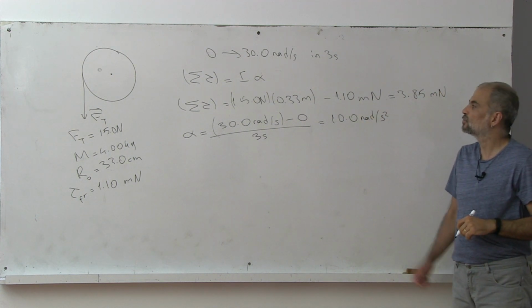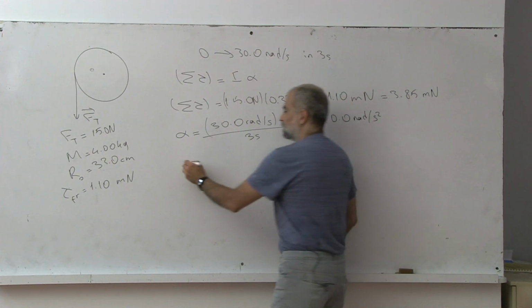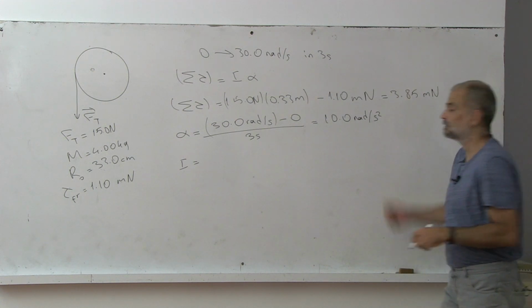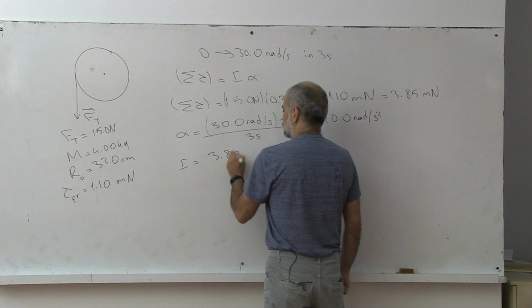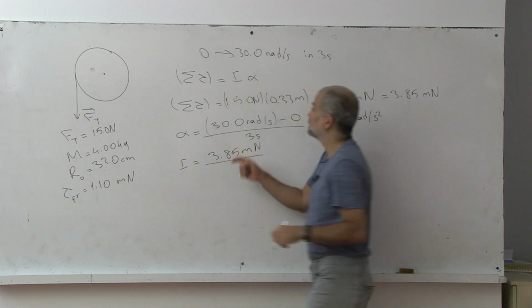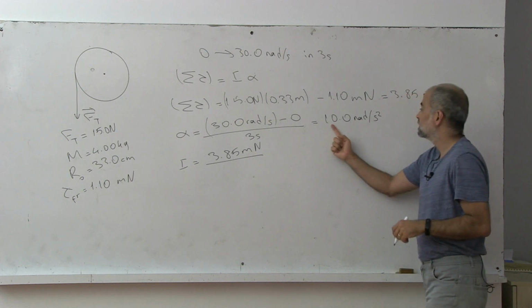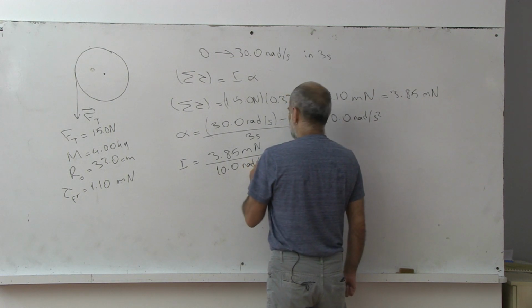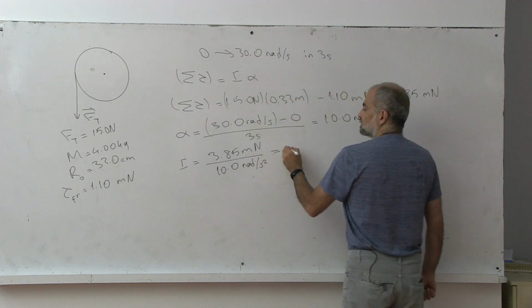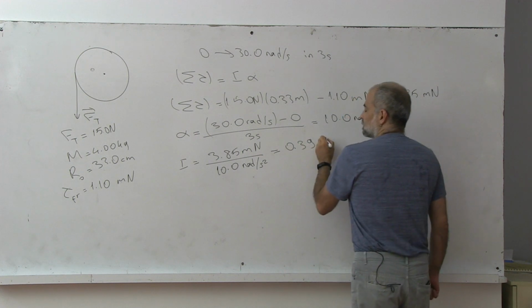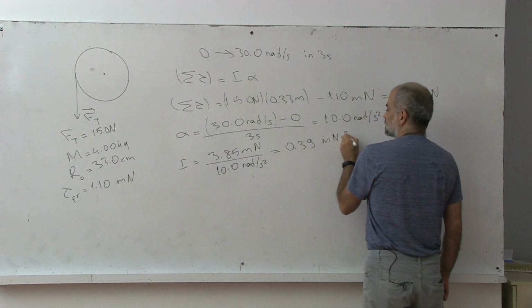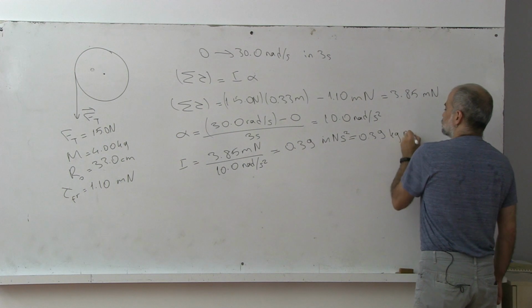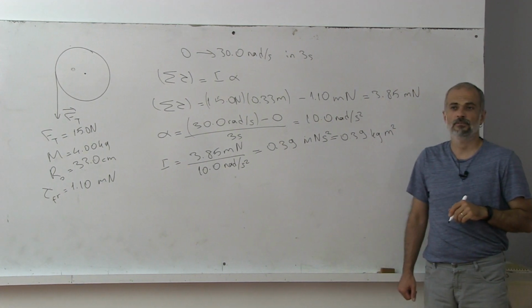Now we know everything we need to determine the moment of inertia. The moment of inertia of the pulley will be equal to 3.85 meter newtons divided by the angular acceleration, which is 10 radians per second squared, or 0.39 newton meters second squared, 0.39 kilograms meter squared.